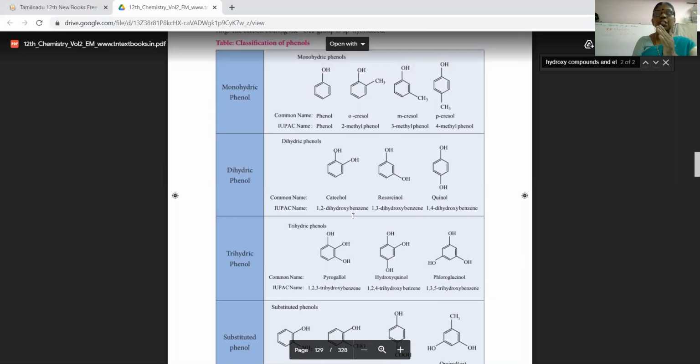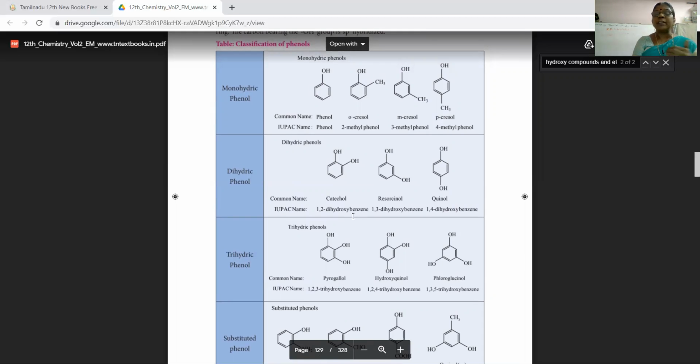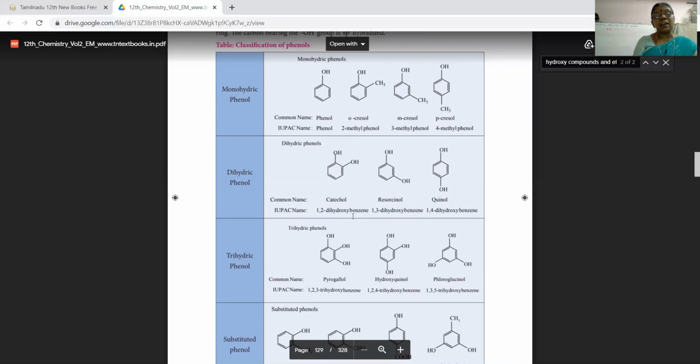And in the ortho position, if you have the CH3, that is called orthocresol. If the CH3 is in meta position, it is called metacresol, and if it is in the para position, it is called paracresol. Dihydric phenols: if the two hydroxyl groups are in consecutive positions, that is called 1,2-dihydroxybenzene or catechol.